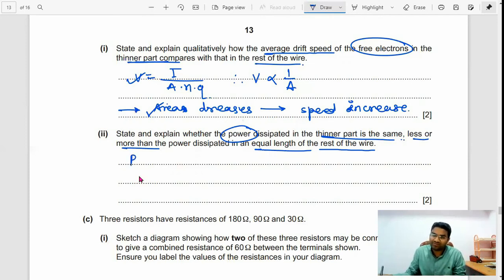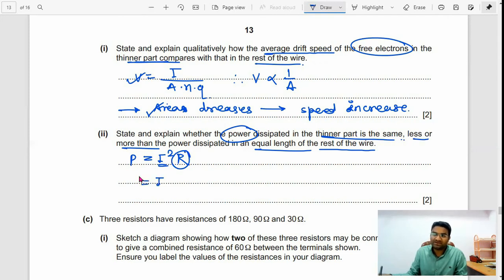So P is equal to I square R, dissipated in the thinner part, or just to simply ask the relation between the power and the area, how they are correlated. So instead of this, you can put out the values.